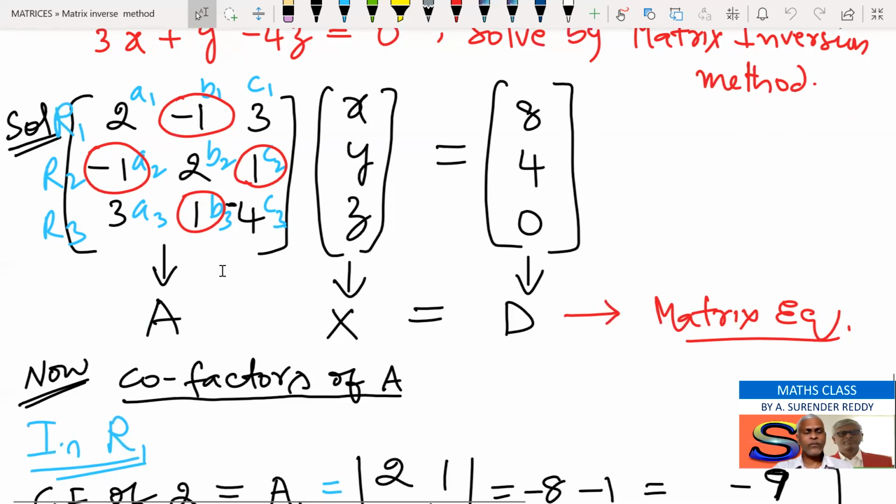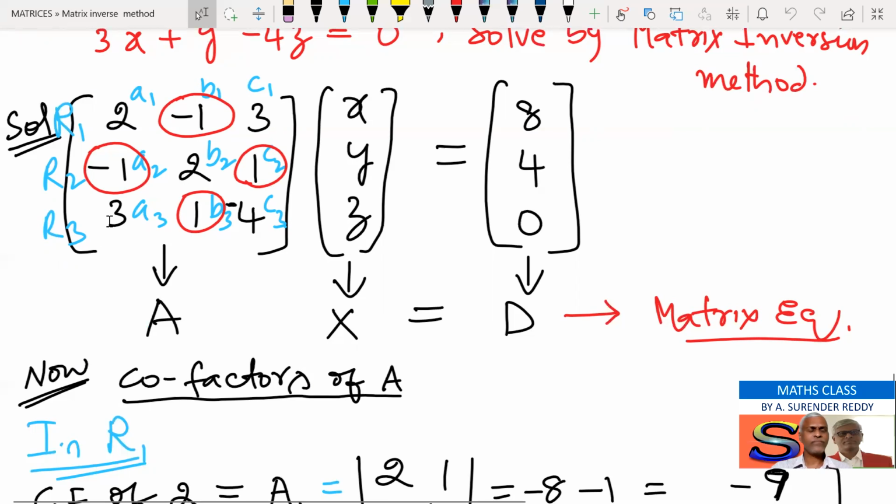So eliminating the second row, second column, take the remaining corner 4 elements. For the last element in R2, this lies in R2 and C3. It is in the second row, third column, so after leaving those, take the remaining 2, minus 1, 3, 1.